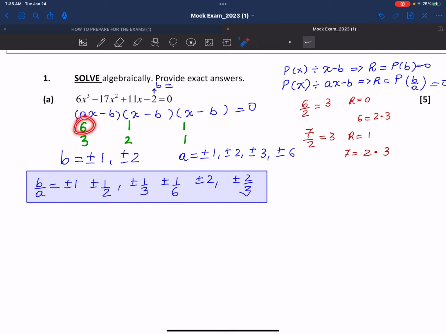And obviously you can alter the order; the order in multiplication doesn't really matter. So what this tells me is that at least one of the factors has to be in the form ax minus b. So let's say 6x minus some b value, or 3x minus some b value, or 2x minus some b value.